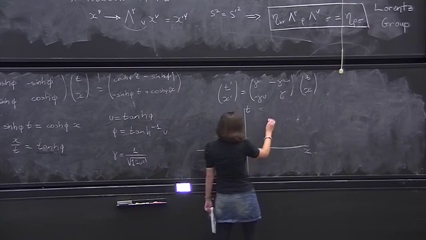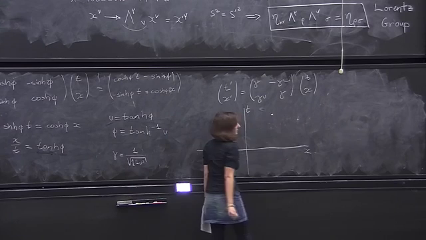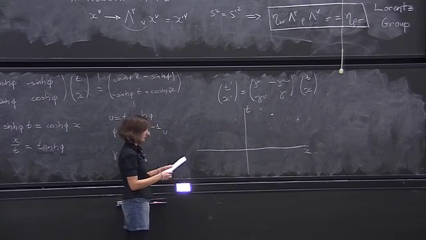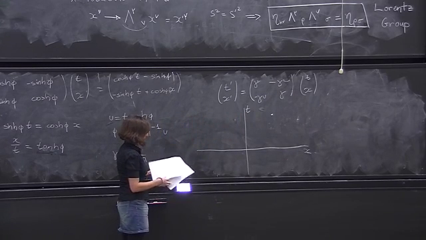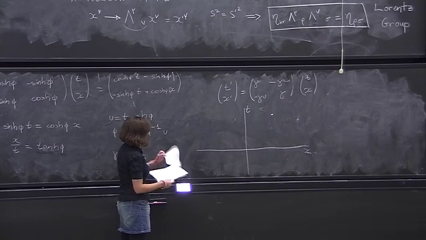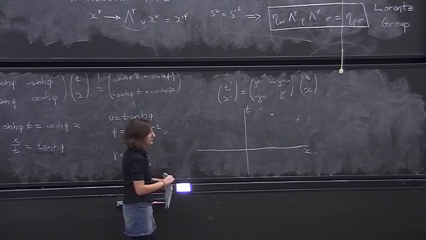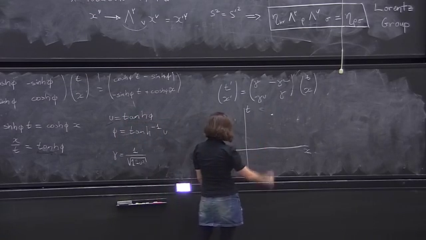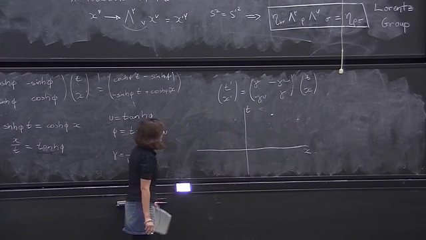Well, an event is just a point in this diagram, right? And now, for example, a particle moving will be associated to a line in this diagram.